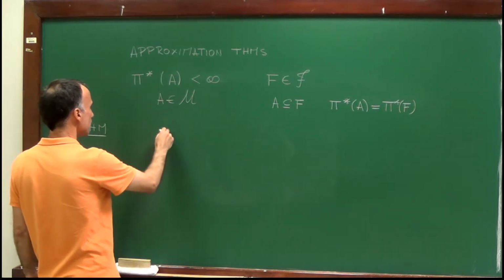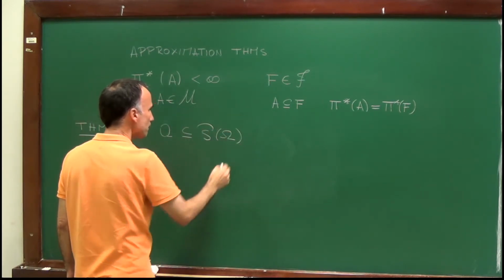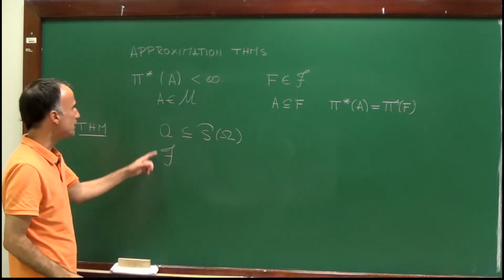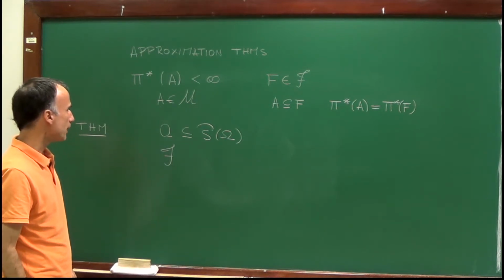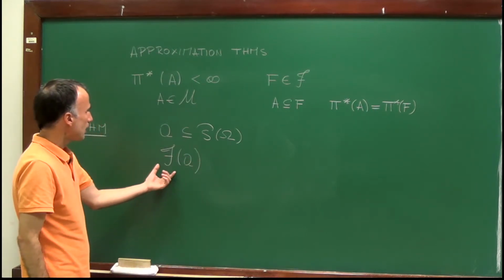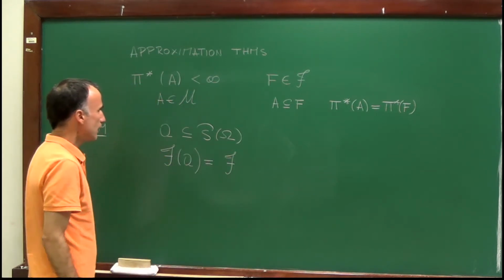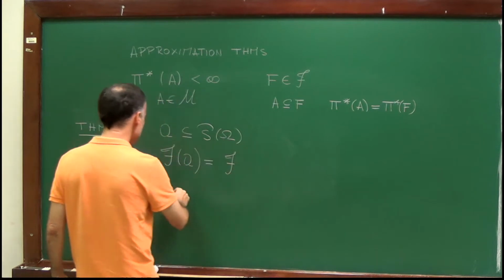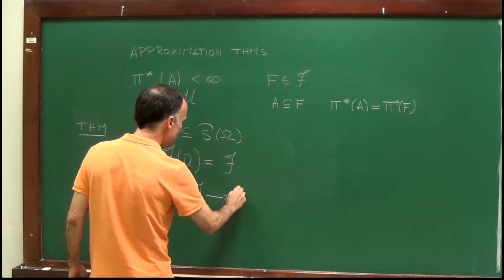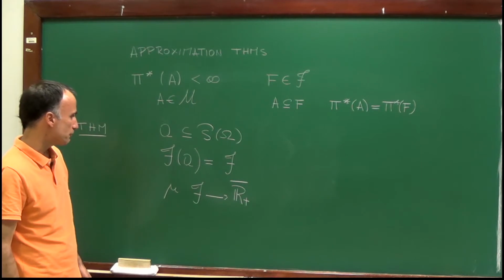Suppose that you have an algebra of sets of some set omega, and let's say that F is the sigma algebra generated by A. Let's assume that we have a measure mu, which is defined on F, and which may take values equal to plus infinity.